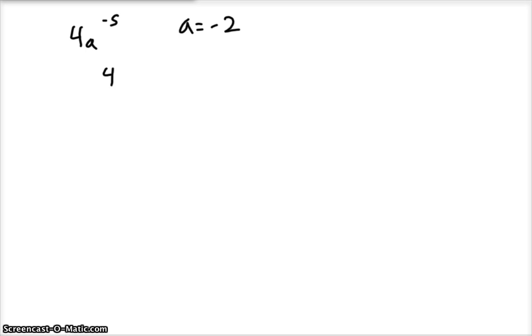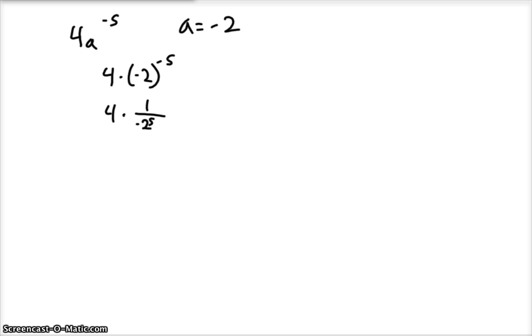Now I'm going to have 4 times negative 2 to the negative 5th power. Okay, so I want to write this with a positive exponent. So if I'm going to change this, I'm going to have 4 times 1 over negative 2 to the 5th power.